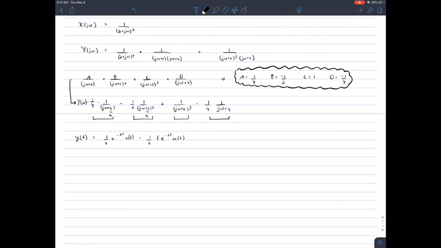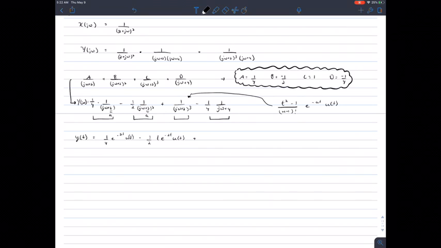That's B again. Alright, so this next one is going to be something that we haven't touched yet, but it's also on the sheet. But I'm going to write it out here for you, okay? So this one right here on the sheet is going to be t to the n minus 1 over n minus 1 factorial times e to the negative at u of t, okay?